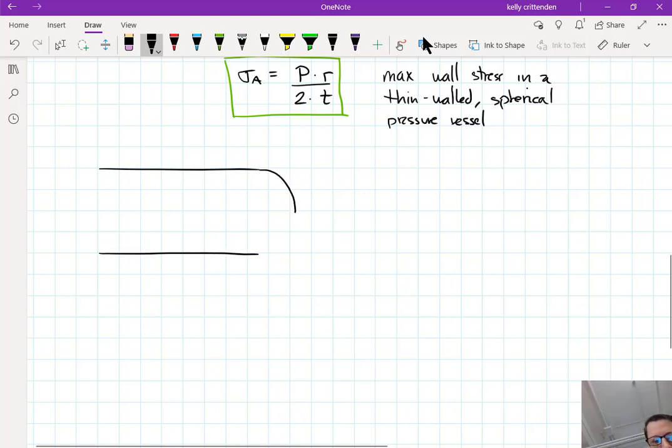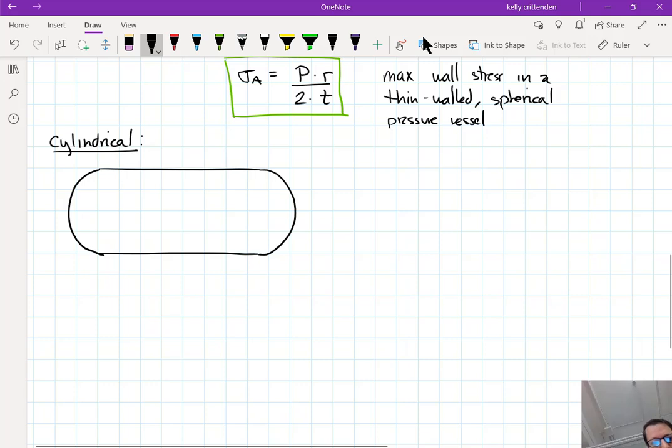A lot of times the ends are half spheres, and the shapes of those end caps do affect what goes on and how you model the stresses. They have different stresses in the end caps. We're ignoring the end caps. We're assuming they have no effect and they're not the weak part of our pressure vessels. So we're just looking at the wall, the cylindrical part of the pressure vessel. It doesn't matter if it has flat ends or spherical ends or concave ends or whatever.